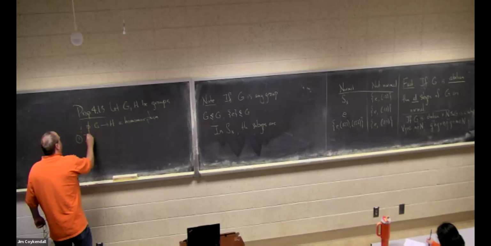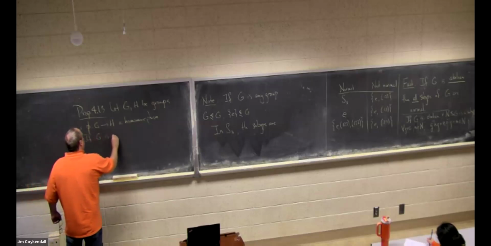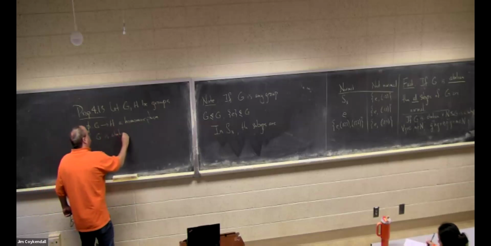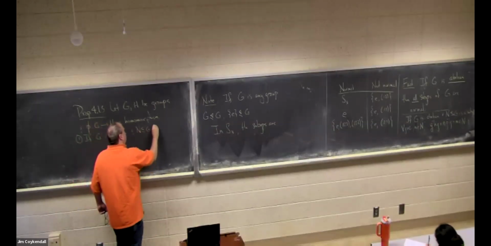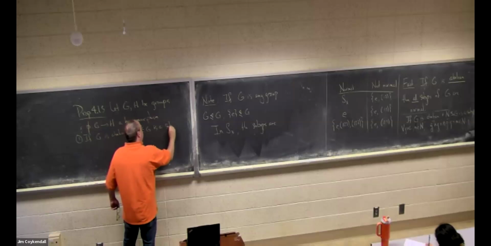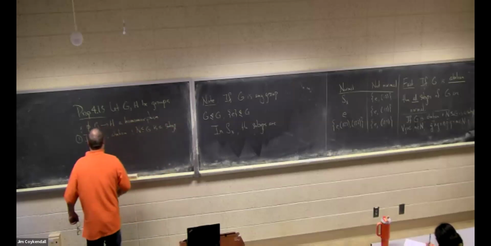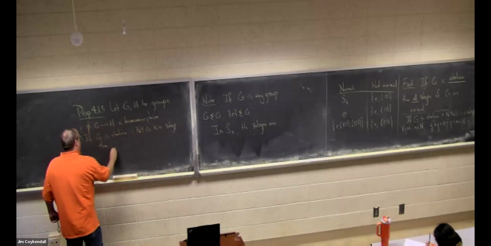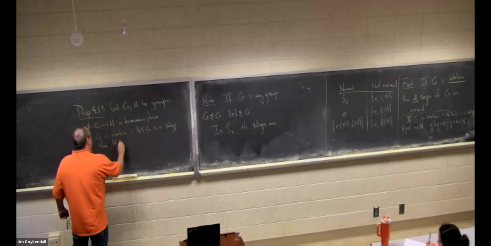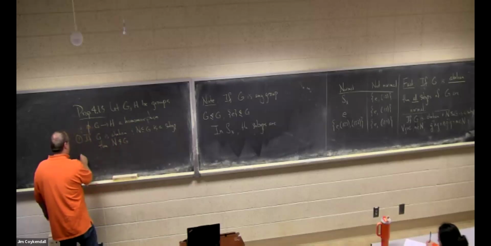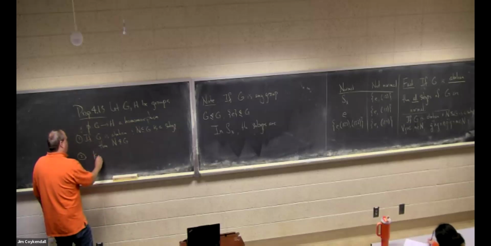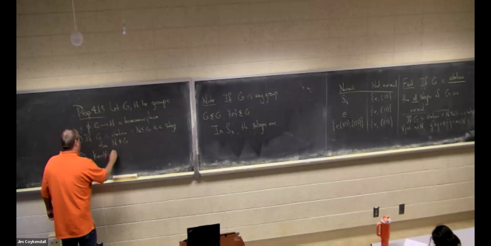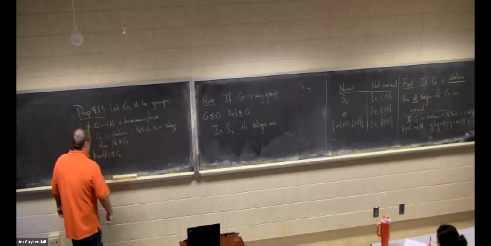One, if G is abelian and N is a subgroup of G, then N is normal in G, the statement we made over there. And two, the kernel of phi is normal.